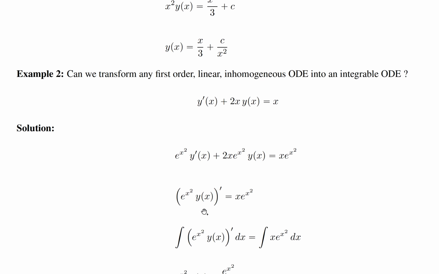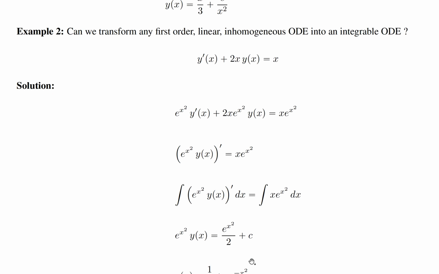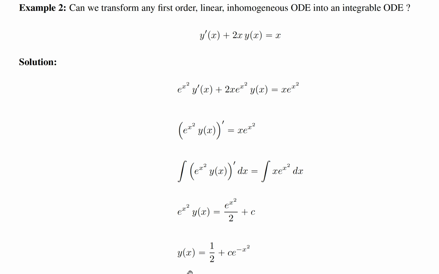The antiderivative of the first term is nothing but e to the x squared times y of x, and the antiderivative of my right hand side is e to the power x squared over 2 plus some constant c. And the final step would be to deduce the general form of y of x, which is half plus a constant c times e to the minus x squared.